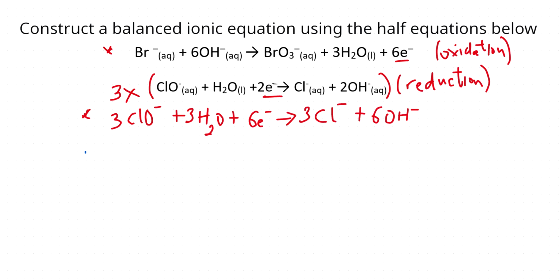So we have the bromide ion up there plus. Now, before we go on, we need to check something here. We can see here that we have 6 moles of hydroxide ion in the first equation. And then in the equation that we just derived here, we also have 6 moles of hydroxide ion.